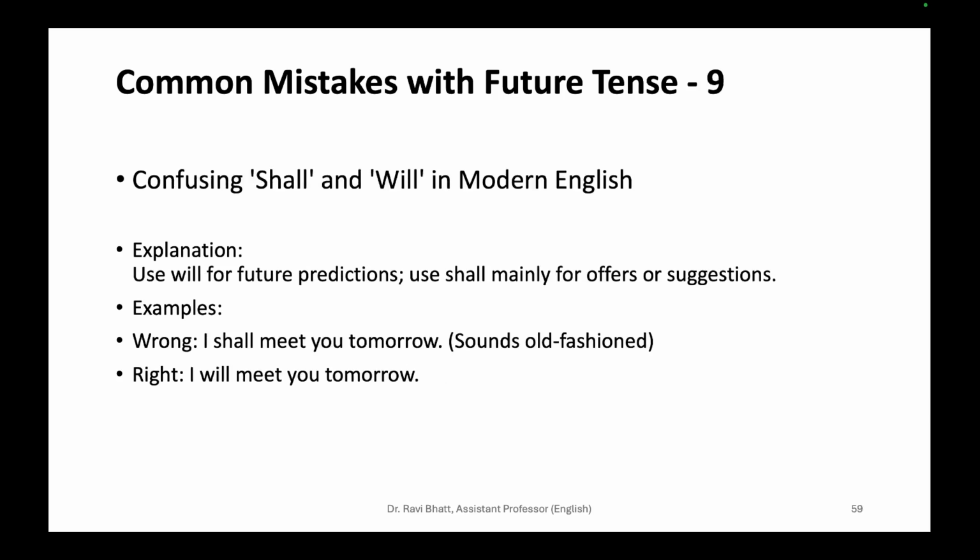Confusing shall and will in modern English. Okay. Now, use will for future predictions, use shall mainly for offers or suggestions. Okay. For example, wrong is "I shall meet you tomorrow," whereas right is "I will meet you tomorrow." Now here is one disclaimer that I might give. Okay. Not that using shall will be grammatically wrong.